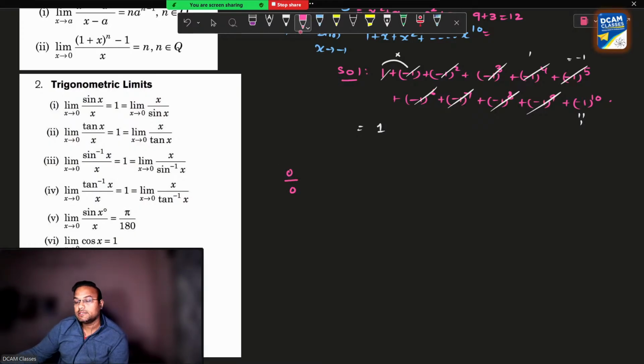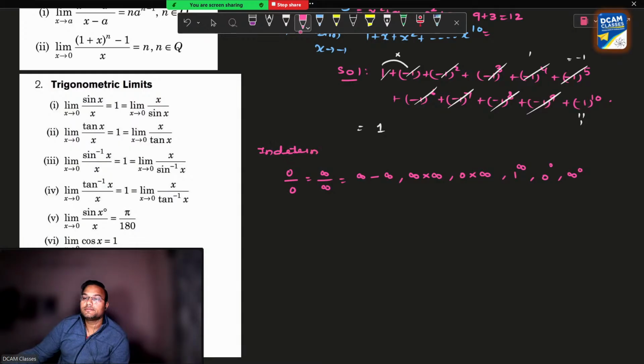Sometimes we get 0 by 0 form, or infinity by infinity form, or infinity minus infinity form, or infinity into infinity form, or 0 into infinity form, or 1 power infinity, or 0 power 0, or infinity power 0. If we get these kinds of answers, they are not considered to be correct answers for limits. They are known as indeterminate forms.